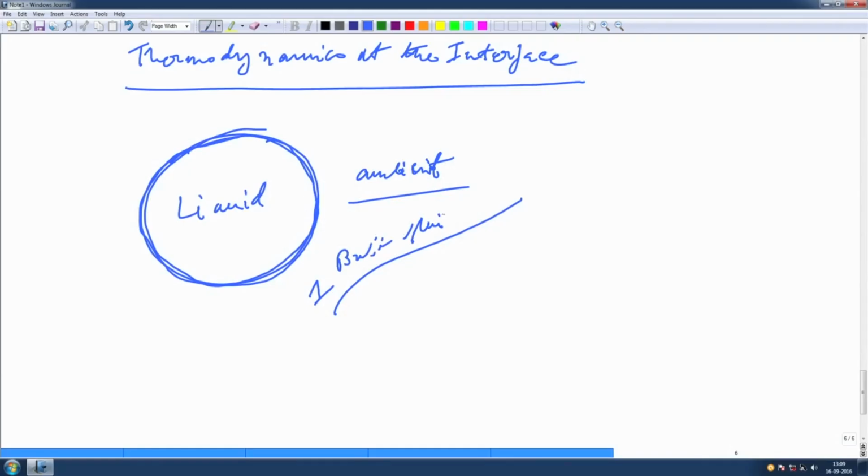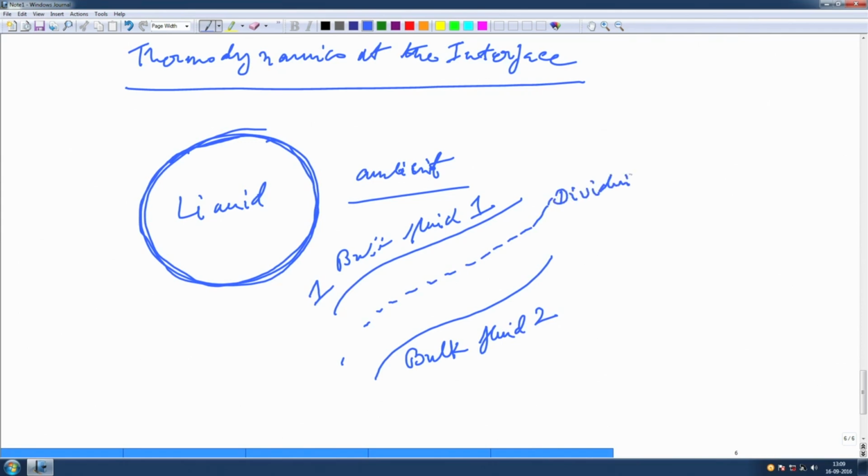This is bulk fluid 1, this is say bulk fluid 2, and the interface is a dividing surface, an arbitrary function, whatever you call it, and that interface is denoted by something like an I. So, the two bulk fluids can be liquid-vapor, solid-vapor, whatever you can think of, and they are separated by an interfacial region.